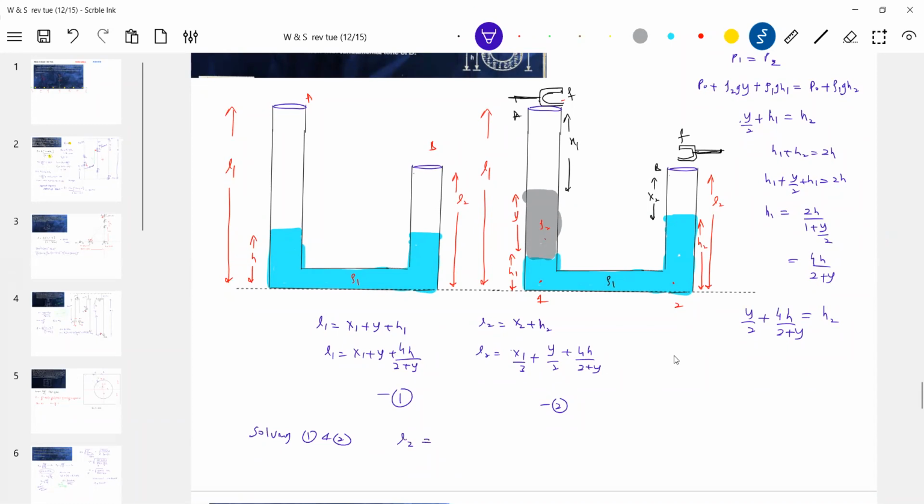X1 value, again we have to substitute this one. So lengthy. L1 minus y minus 4h over 2 plus y. We have to get an expression for y. Again, we'll get a quadratic in y, sir. That we have to solve.